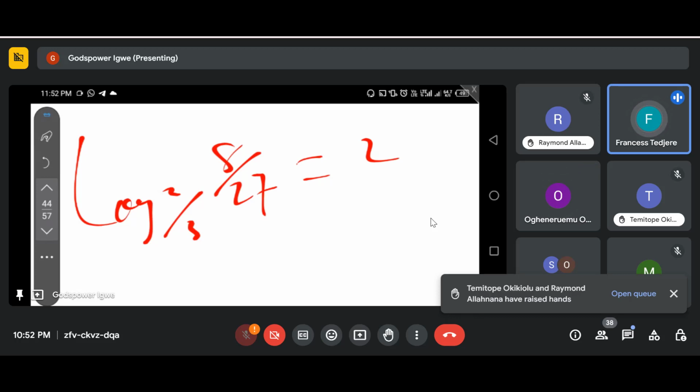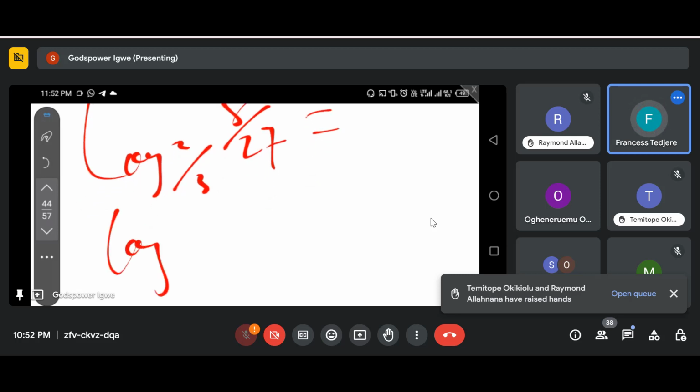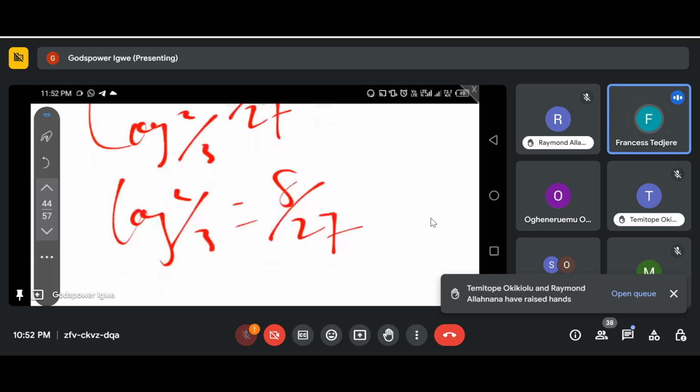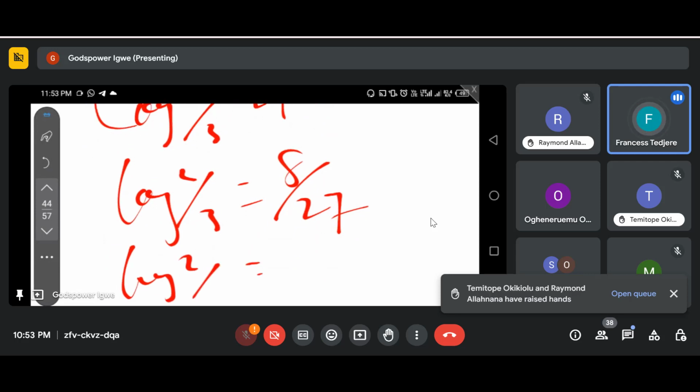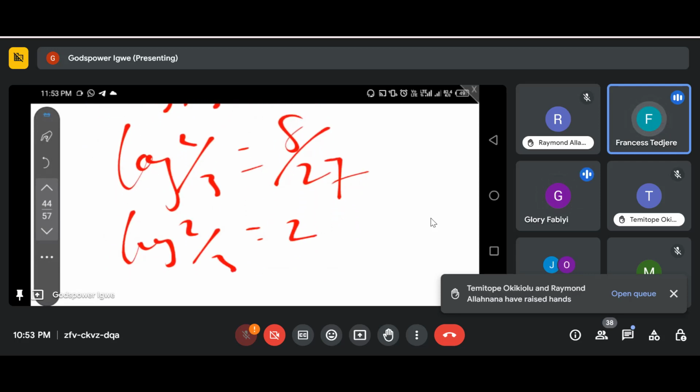According to what the teacher wrote, you say 2/3 raised to power y is equal to 8/27. So 8/27 is 2 raised to power 3 over 3 raised to power 3, which is equal to 2/3 raised to power 3. So y is equal to 3.